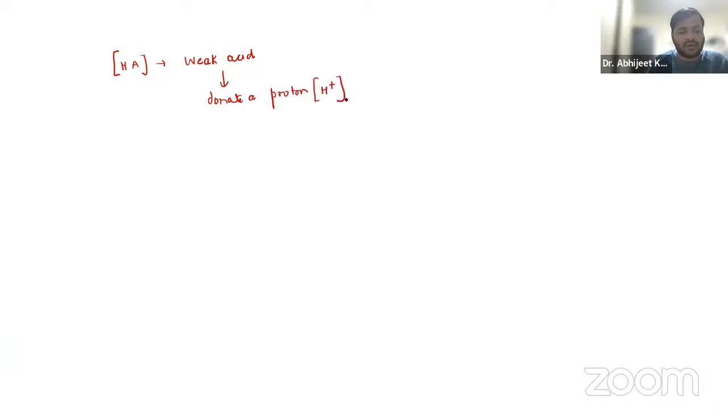Let me write it over here and explain the key concepts. HA, remember guys, is the weak acid, and obviously it can donate a proton. When I say proton, I'm actually talking about the H plus ions. Now, A minus is the conjugate base.